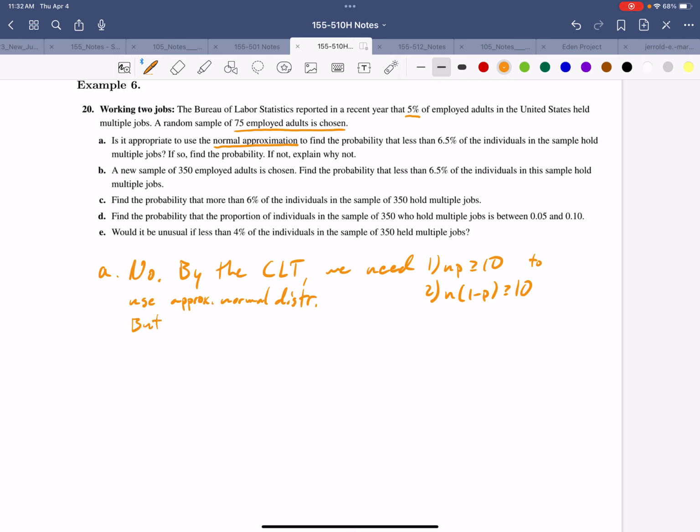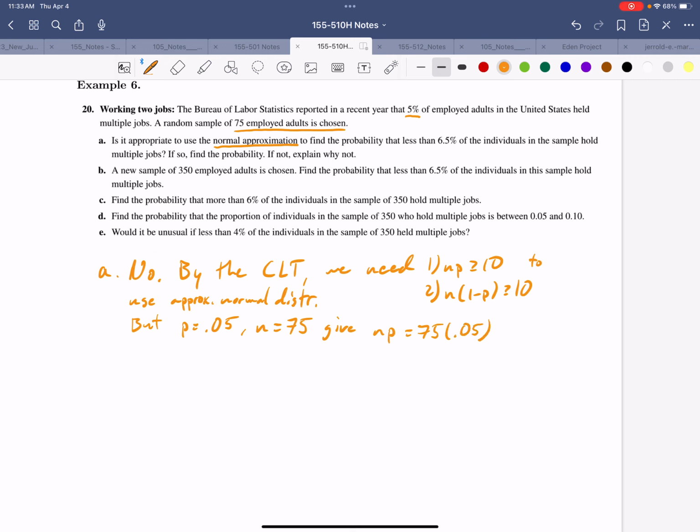But the problem is, if we have here that p equals 0.05 and n equals 75, then np equals 75 times 0.05, and you can just do it out.